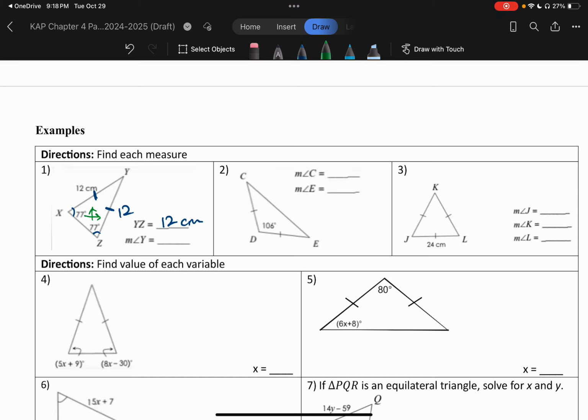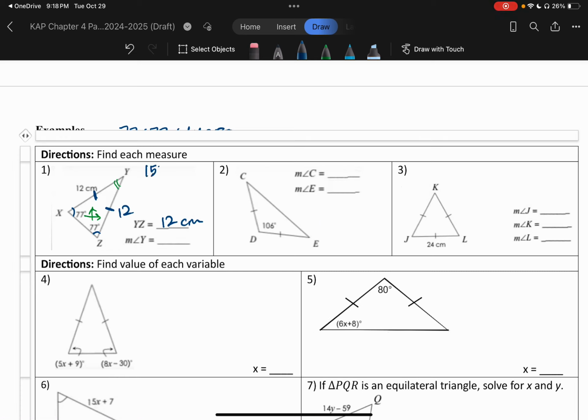Okay, next we're looking at the measure of angle Y. If I want to find the measure of angle Y here, then we're using the triangle angle sum theorem, understanding that the three angles in a triangle add up to 180. So this would be 77 plus 77 plus angle Y is equal to 180. 77 plus 77 is 154.